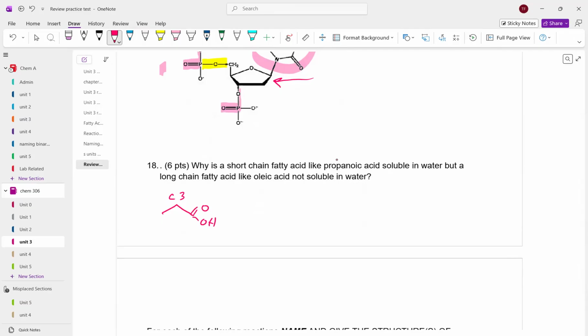Why is it not soluble in water? So we've got, that's 18. And this is the part. Okay, very, very high intermolecular forces.